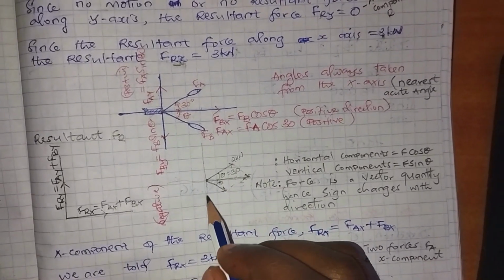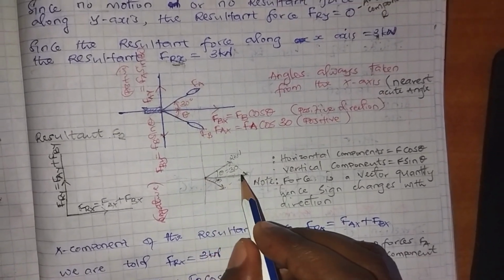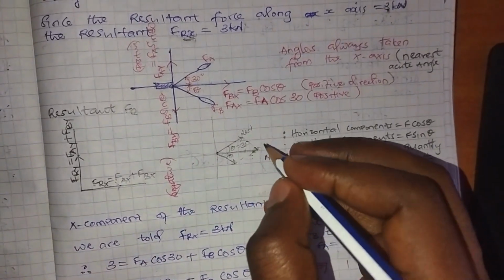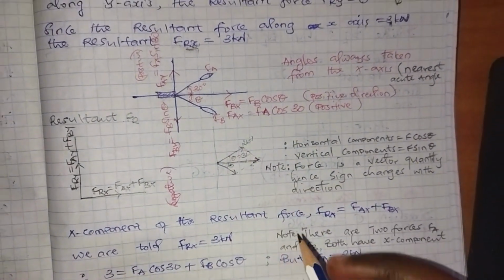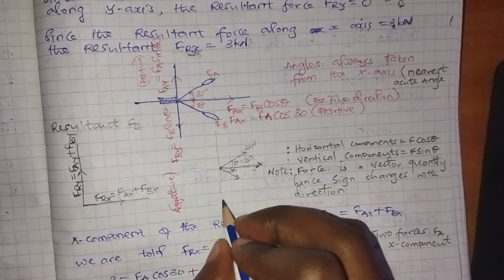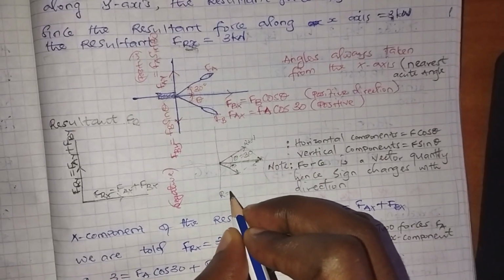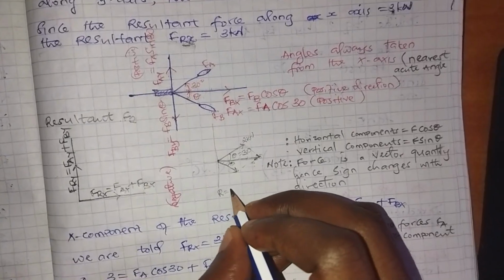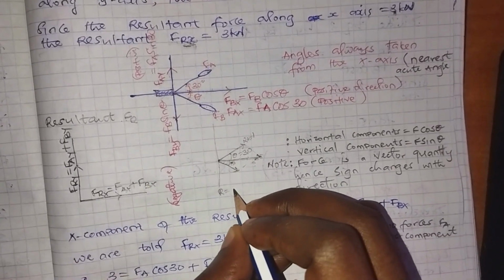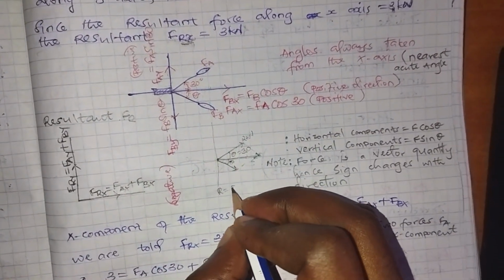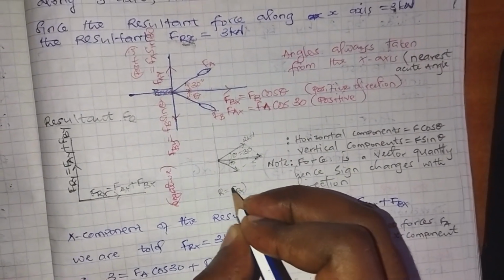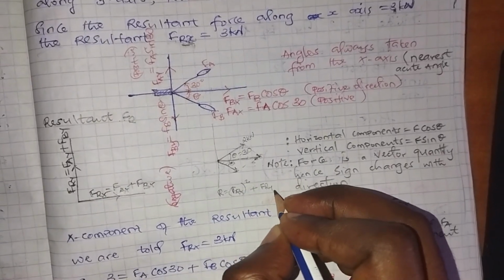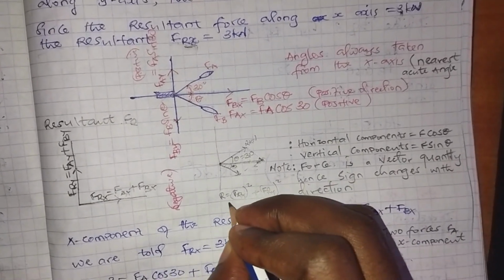And there is another formula that we apply, where we say the magnitude R equals the square root of the resultant along the x-axis, FRx squared, plus FRy, the resultant along the y-axis, squared.